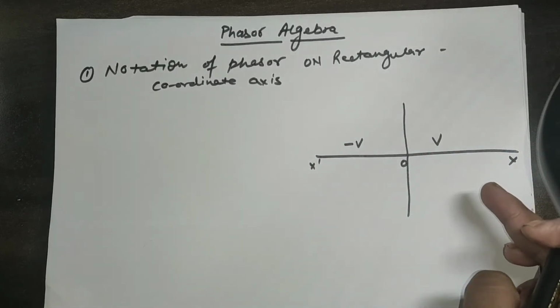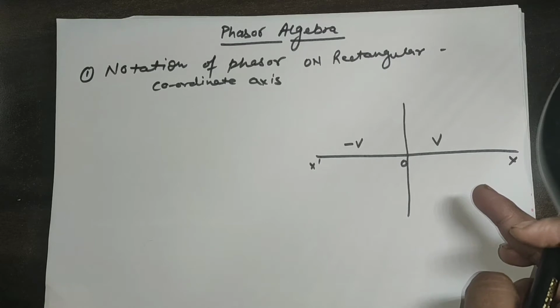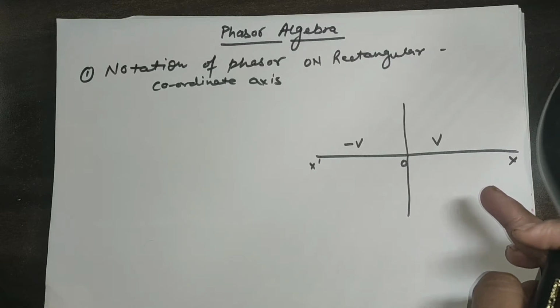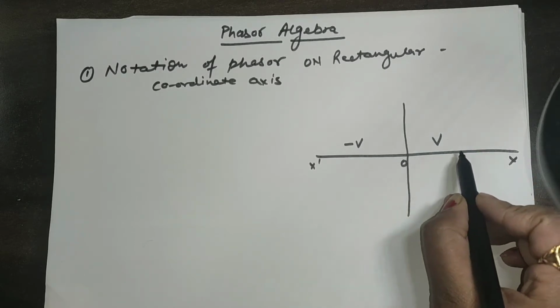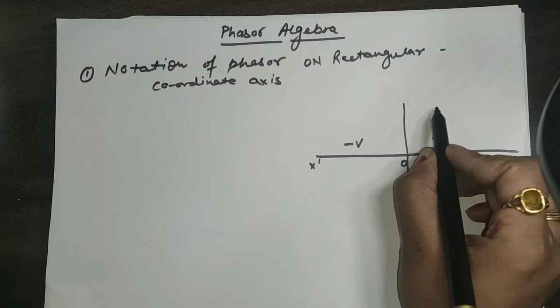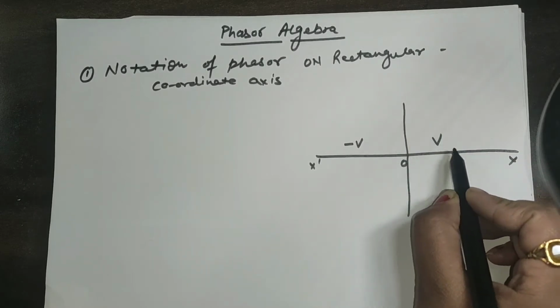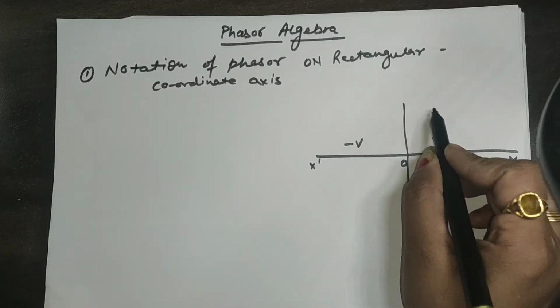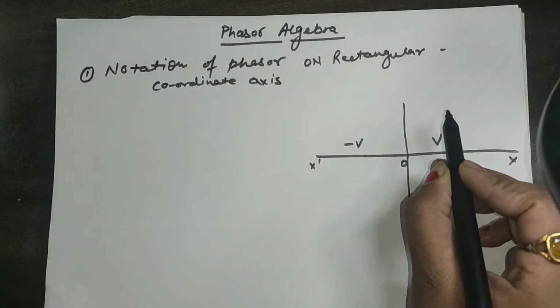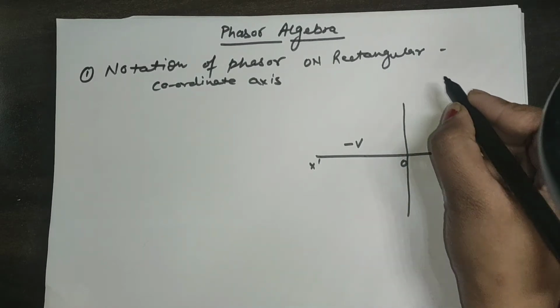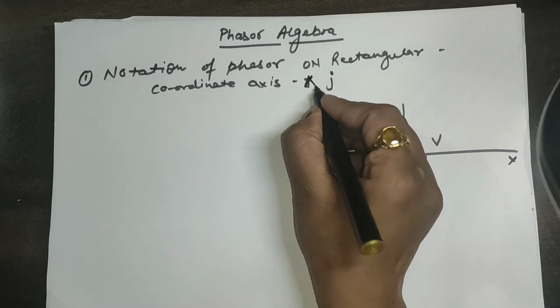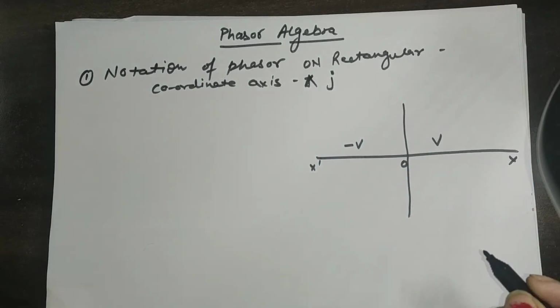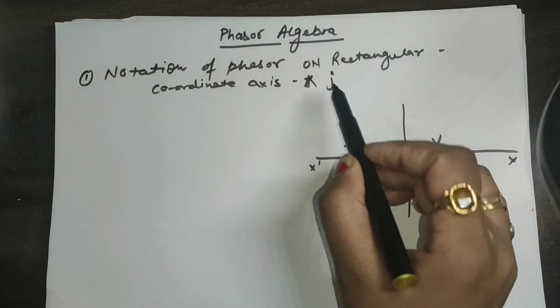Let us see by what factor the phasor should be multiplied so that it rotates through 90 degrees. Suppose this factor is j, small j, not capital J.